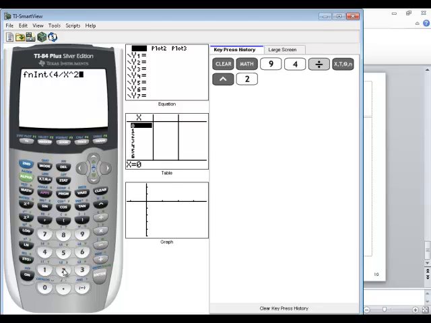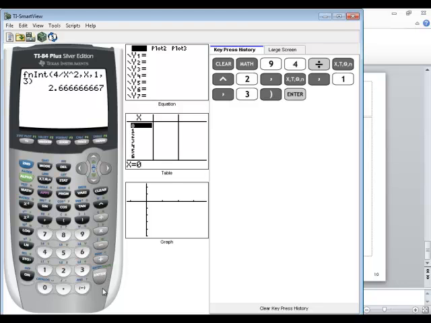Again, on the paper we have 4 divided by y to the second power, but for convenience we're using the variable x. We'll follow that by a comma and then x, which lets the calculator know that we are integrating with respect to the variable x. We will follow it by another comma and then input the bounds of integration. The lower bound is 1 and the upper bound is 3. Close the parentheses and hit enter.